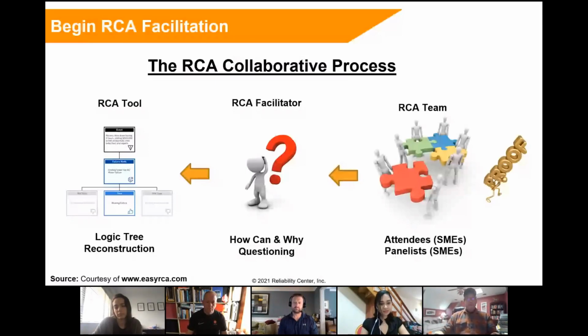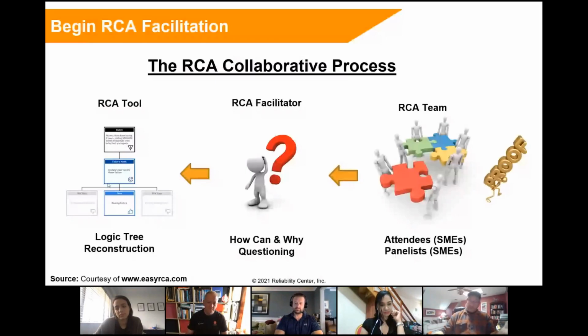Now, the really important thing here is that me as the facilitator, I'm just a guy that asks questions. These people off to the right have all the answers. So my job is to get all this intellect out of these really smart people, and then put it into a logical breakdown into what we're going to form as a logic tree.